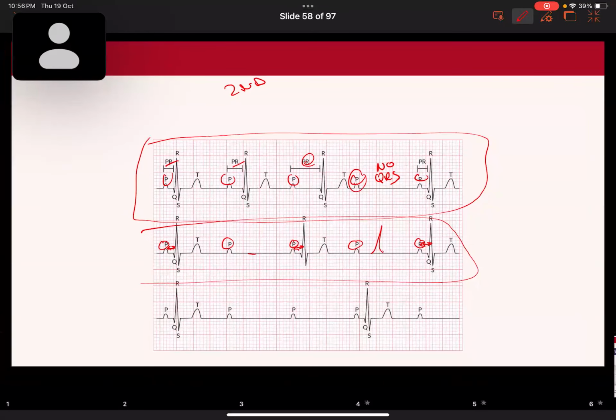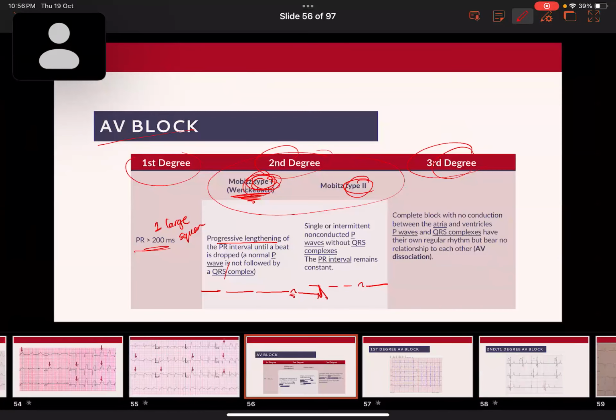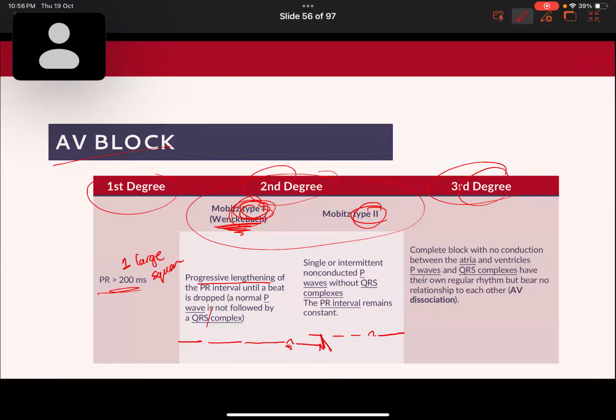Let's go back to the table, just to reinforce this. So first degree is when you have just a prolonged PR interval. Second degree, there are two types, type 1 and type 2. In type 1, second degree AV block, you have PR prolongation that's progressive, followed by a beat drop.